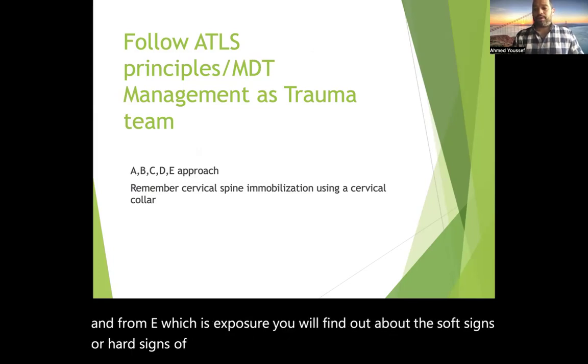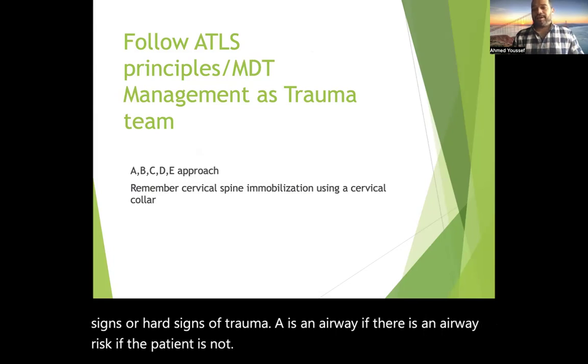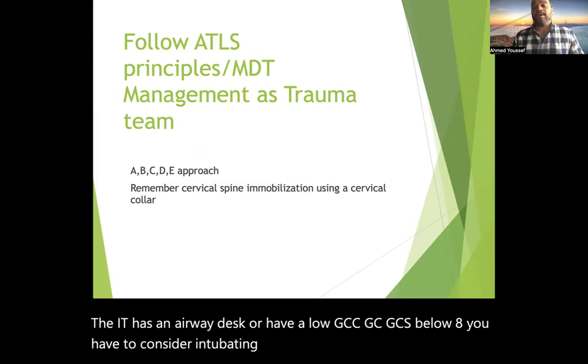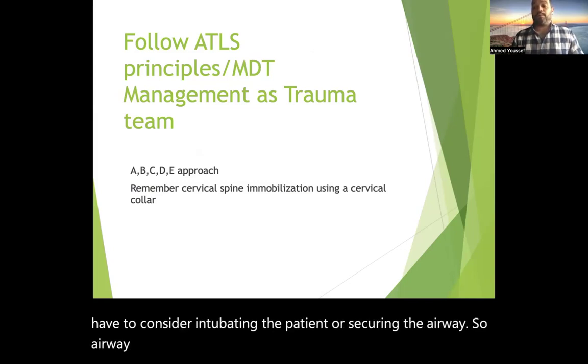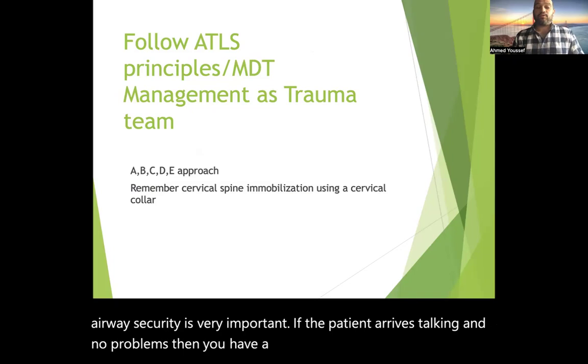A is airway. If the patient has an airway risk, or has a low GCS, below 8, you have to consider intubating the patient or securing the airway. So airway security is very important. If the patient arrives talking and has no problems, then you have time.